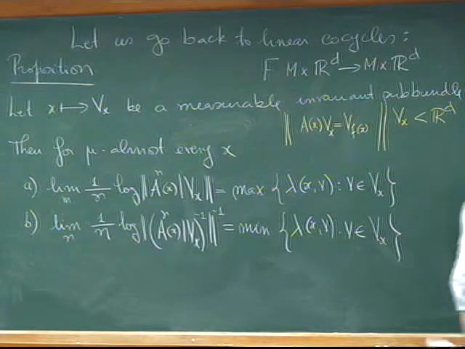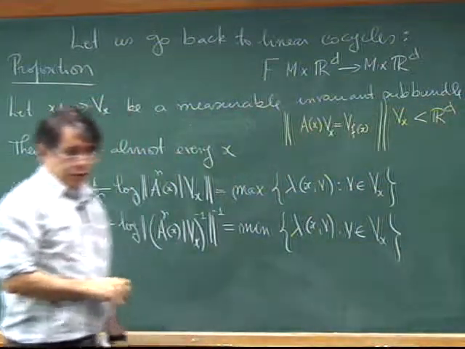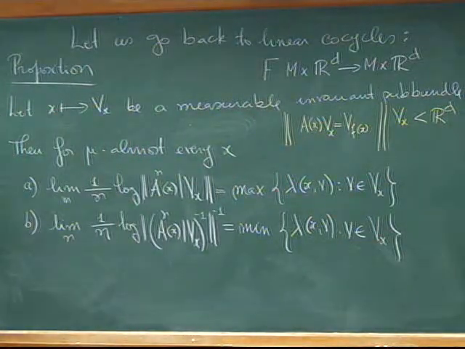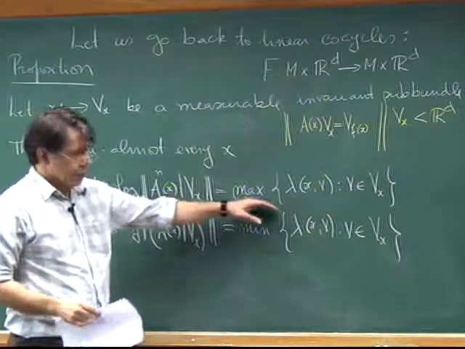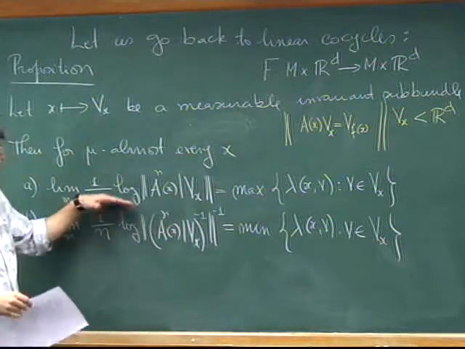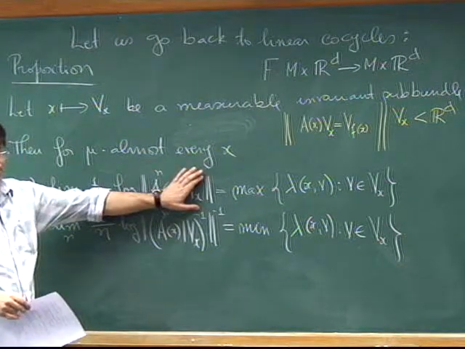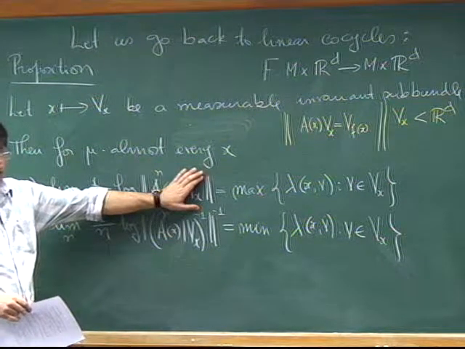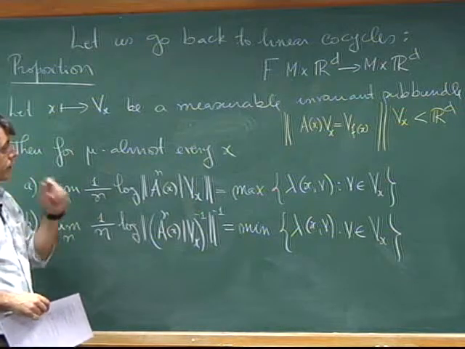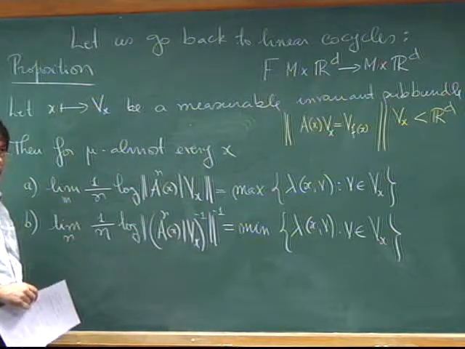You iterate only restricted to this subbundle, and look at the two sides of this equality. This side measures the norm of the matrix restricted to Vx.